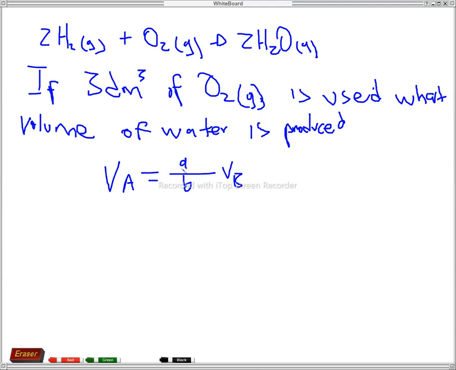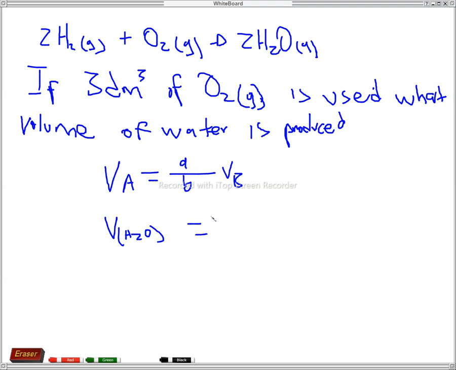So you must collect your data. This one is simple, you understand? Since we are looking for the volume of water, I will just say V of H2O. You still remember this is the stoichiometric coefficient of compound A. So which one is compound A? It is this one, the hydrogen gas.